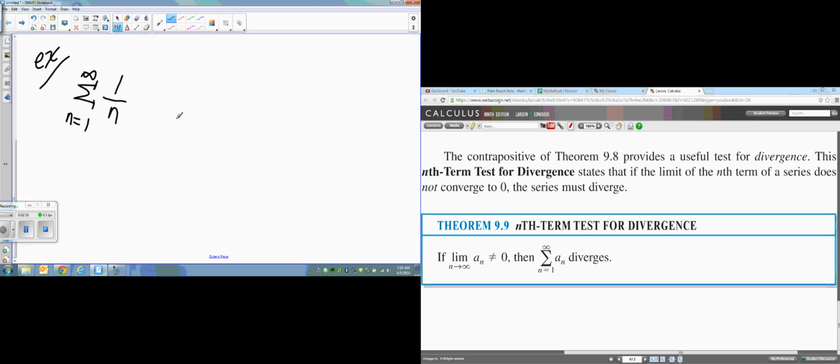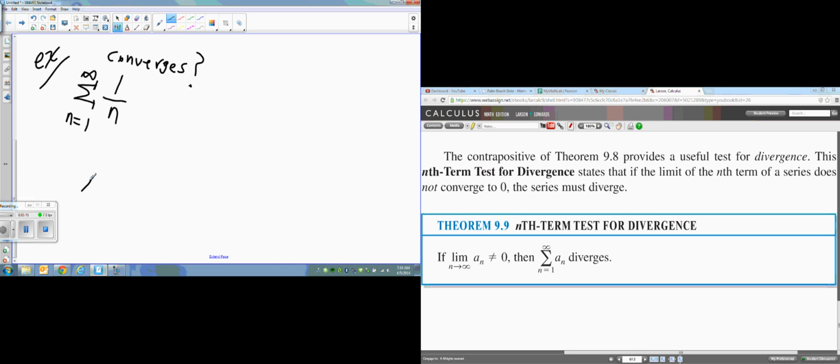This series right here, and we want to see if this converges or diverges. So we can use this nth term test for divergence to see if it diverges.